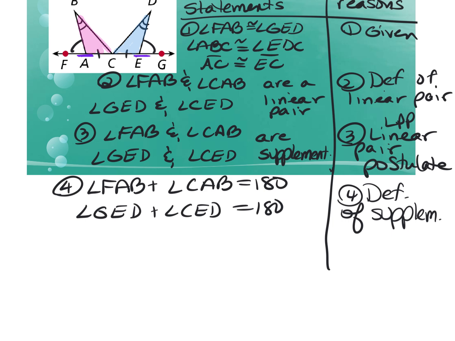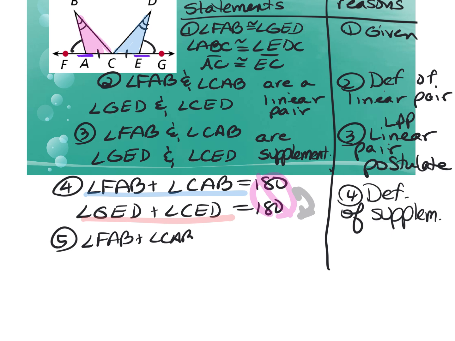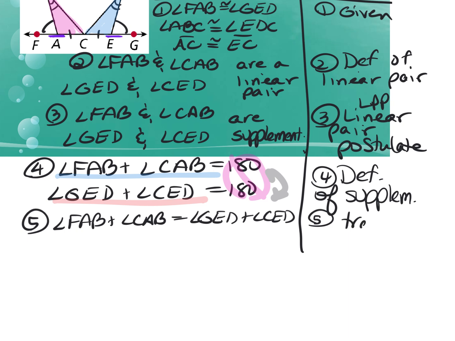Since both of these, this and this, both equal 180, I could cross off the 180s and then just set these two equal to each other, just like I did on the other proof. So I can show that angle FAB plus angle CAB equals GED plus CED. And this is going to be substitution or transitive, because the 180s cancel out if you use transitive.